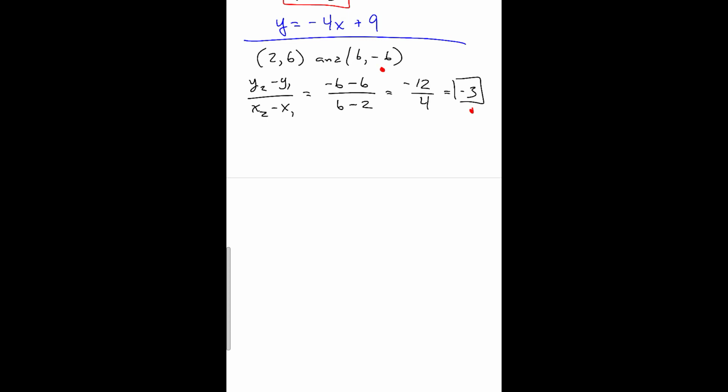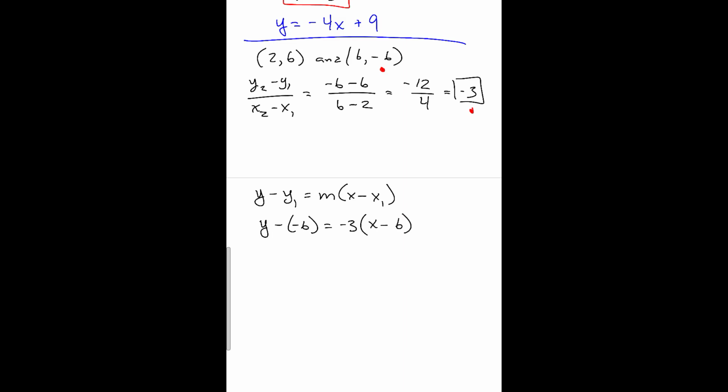So now, we use the point slope formula, y minus y1 equals m times x minus x1. When we plug our information in, we'd have y minus your y coordinate, which is negative 6, equals m, which is negative 3, your slope, times x minus positive 6, your x-coordinate.